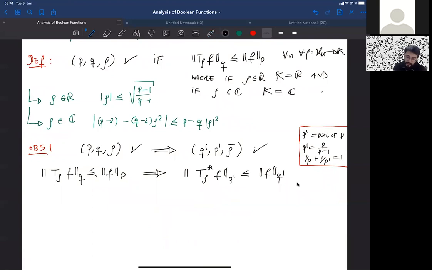And it has the same bound as the other one. This is easy, you can show this easily. But the question is, what's the adjoint of T_ρ? It's super easy to compute, you can even guess, it's just T_ρ-bar. So that's why we have that implication.